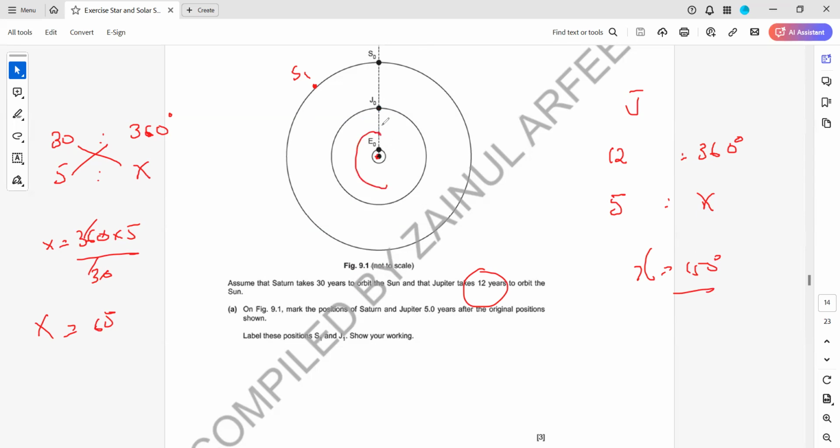Mark 150. This is 0. Then 10, 20, 30, 40, 50, 60, 70, 80, 90 will be here, the perpendicular. Then 110, 120, 130, 140, and 150. So 150 is here. So the position of the Jupiter will be on this side. Is it clear? Yes, sir.